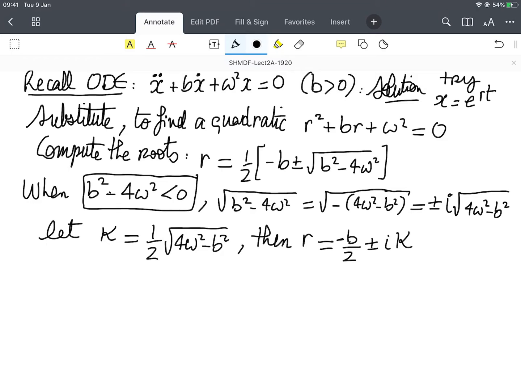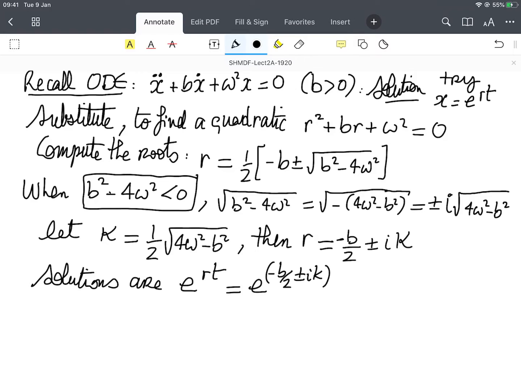And now my solutions to the ODE are exponential rt, which I may rewrite as exponential of minus b over 2 plus or minus i kappa, times t.